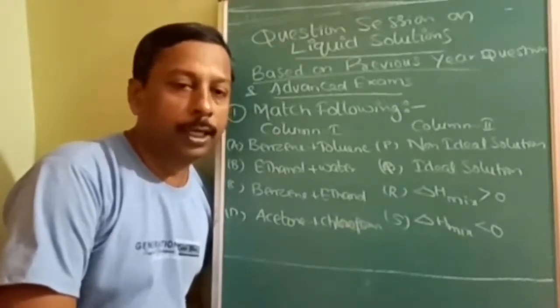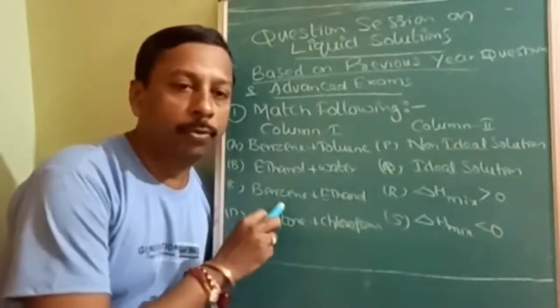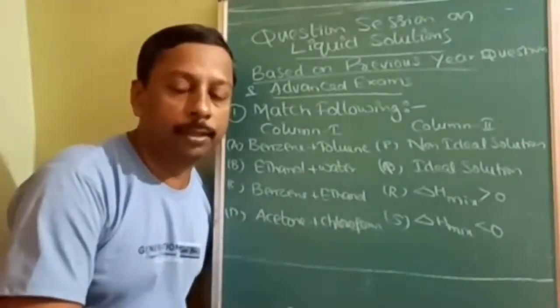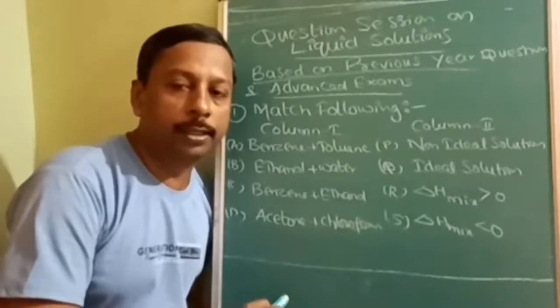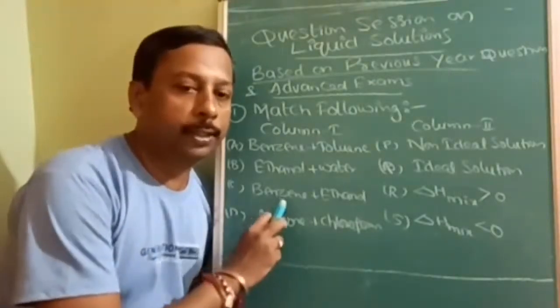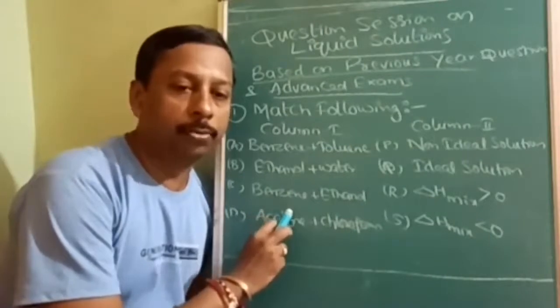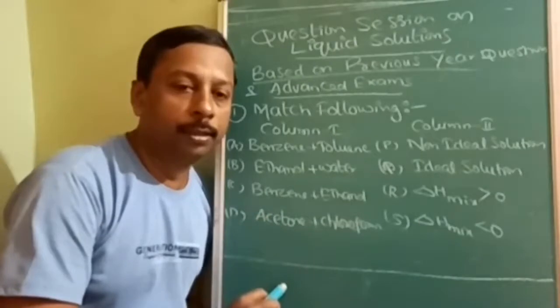The questions selected are match the following and 4-digit integer type. Today in this session we are going to discuss match the following and 4-digit integer type. Why? Because match the following is equal to many objective questions.